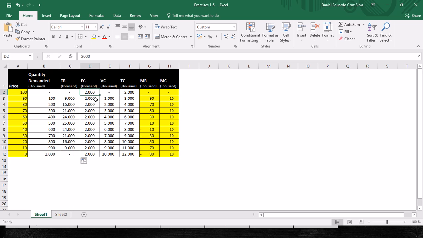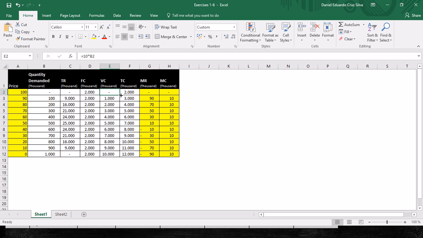Then the fixed cost is going to be exactly the same. It's going to be 2,000. We're going to avoid this one, and we're going to double click here, and it fills automatically. Then the variable cost, remember, is going to be the multiplication of 10, because this is the value times the quantity.